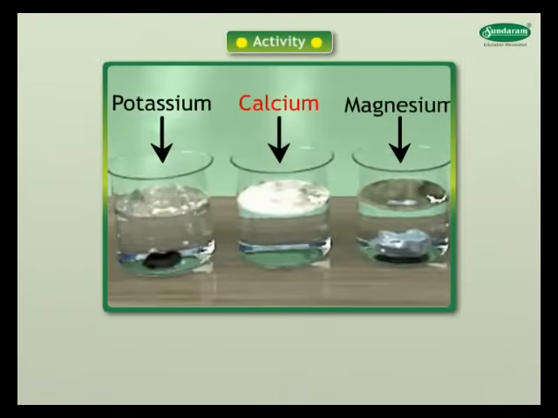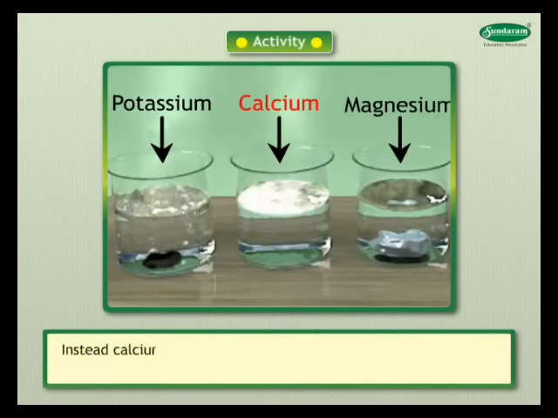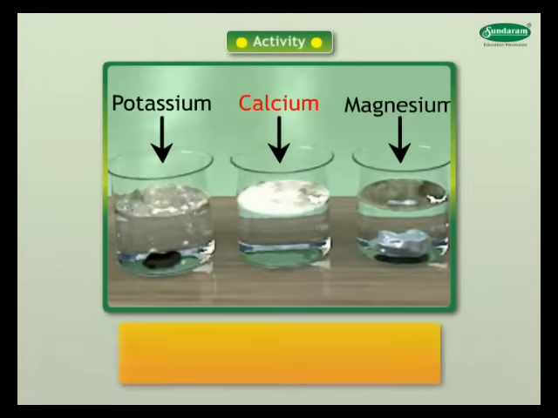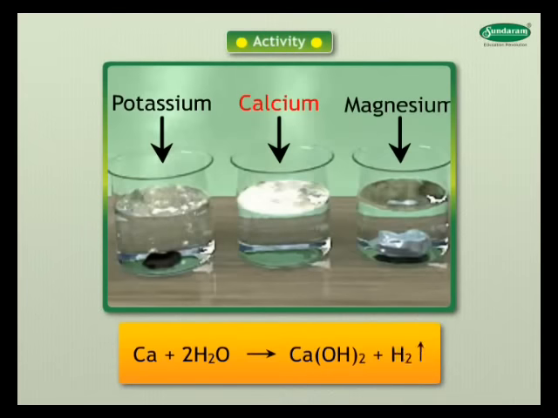Calcium reacts with water less vigorously, hence the heat evolved is not sufficient for hydrogen to catch fire. Instead, calcium starts floating because the bubbles of hydrogen gas formed stick to the surface of the metal. Ca plus 2H2O gives Ca(OH)2 plus H2 gas is evolved.